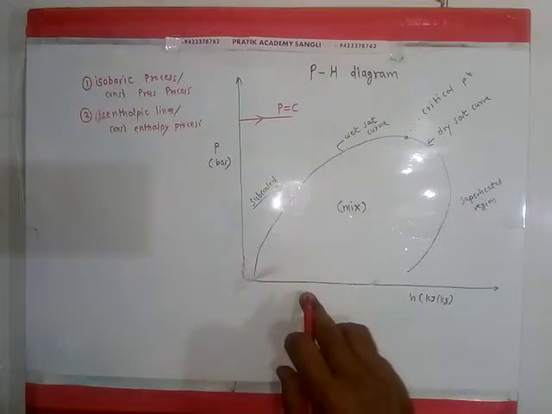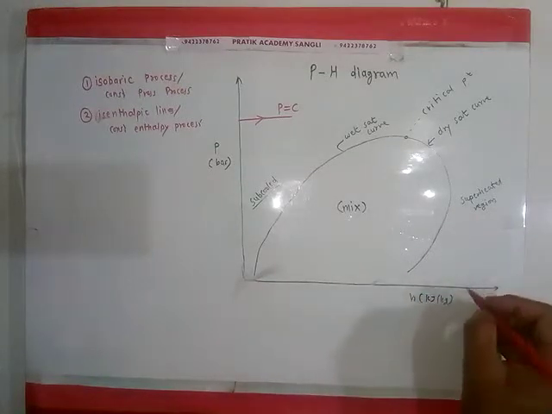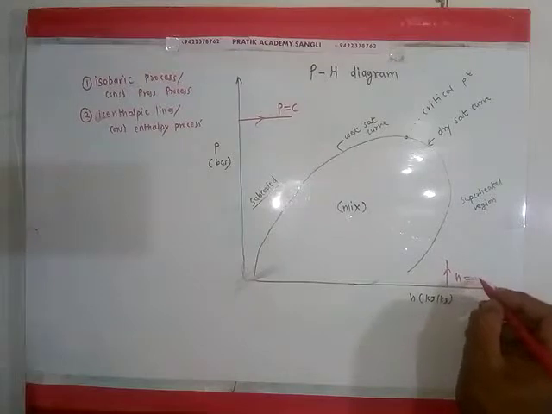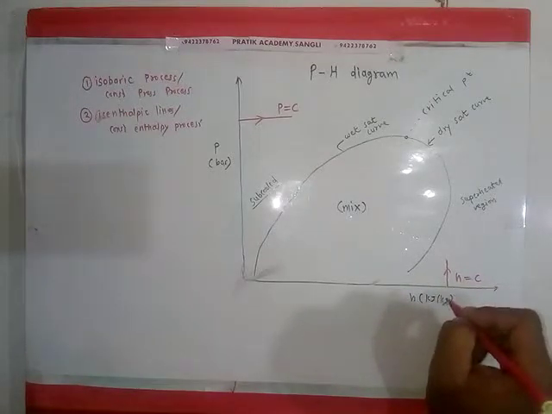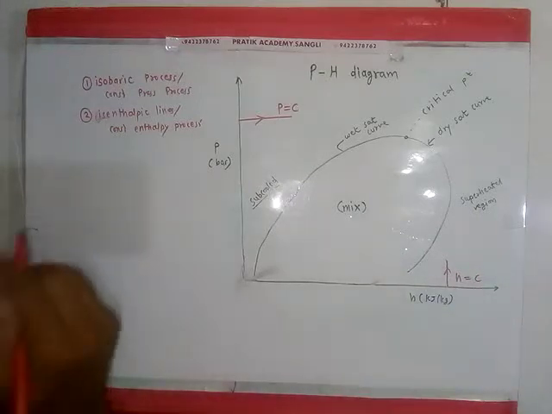As we know, along the horizontal axis or x-axis there are enthalpy values. So if you draw any vertical line here, it will represent a constant enthalpy line. Any vertical line will represent a constant enthalpy line.